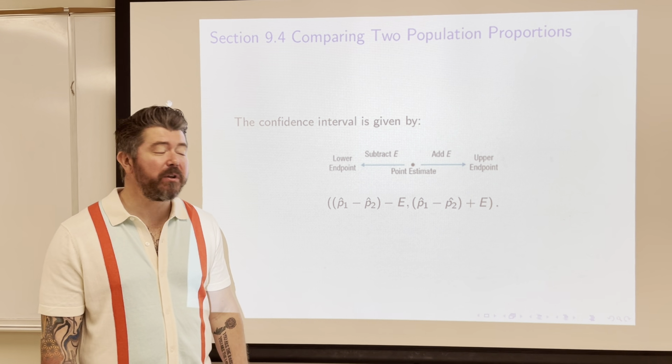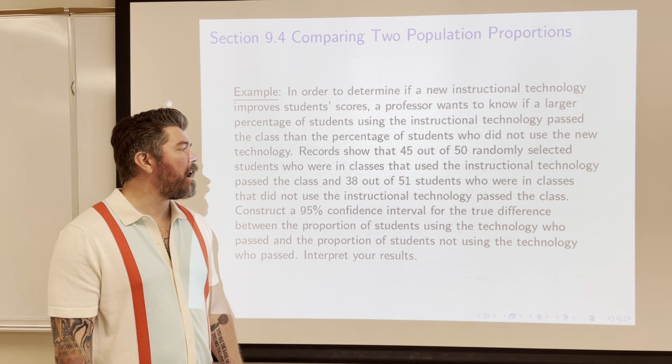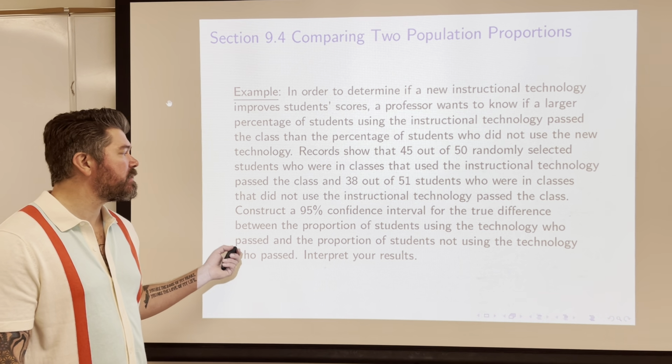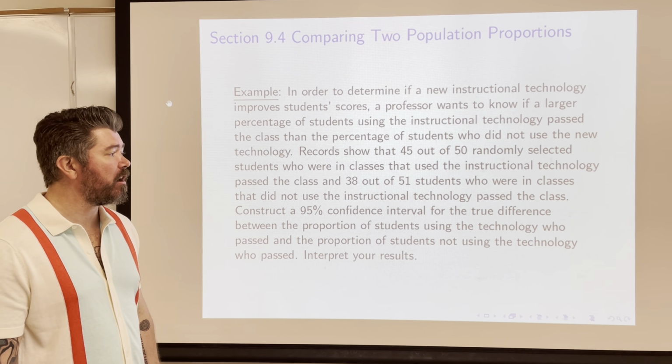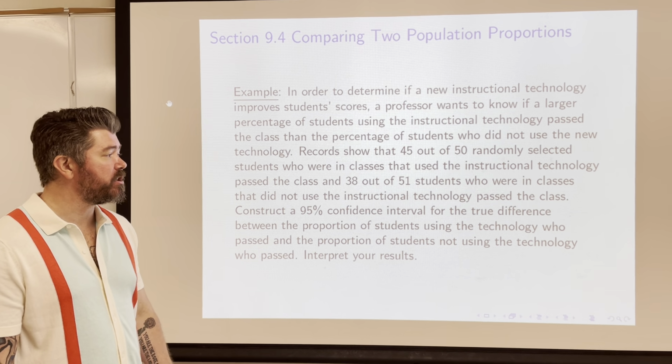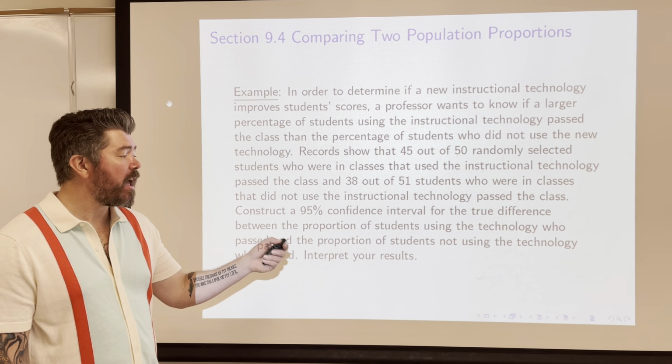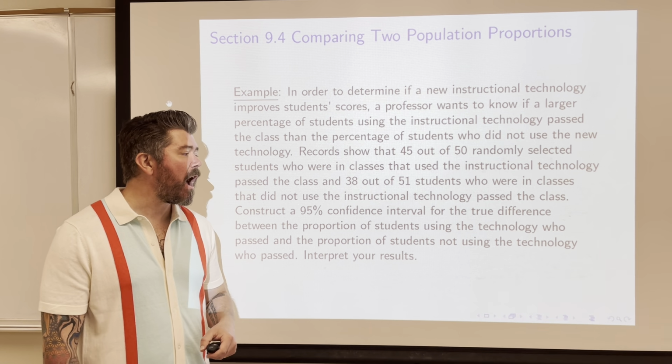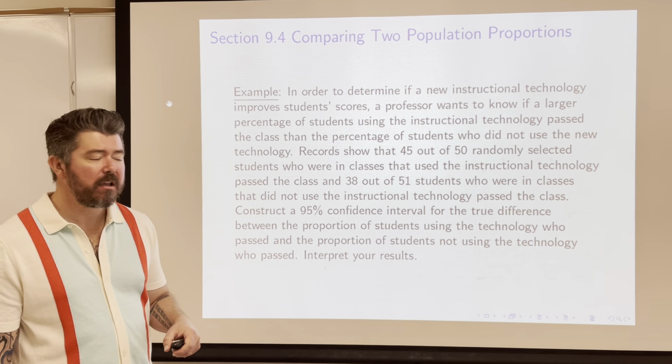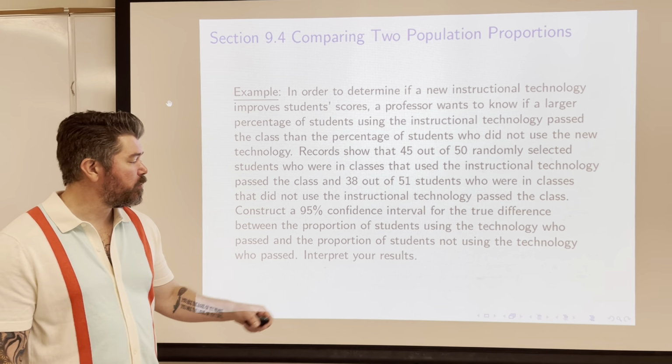Records show that 45 out of 50 randomly selected students who were in classes that used the instructional technology passed the class, and 38 out of 51 students who were in classes that did not use the instructional technology passed the class. Construct a 95% confidence interval for the true difference between the proportion of students using the technology who passed and the proportion of students not using technology who passed. And we want to interpret our results.